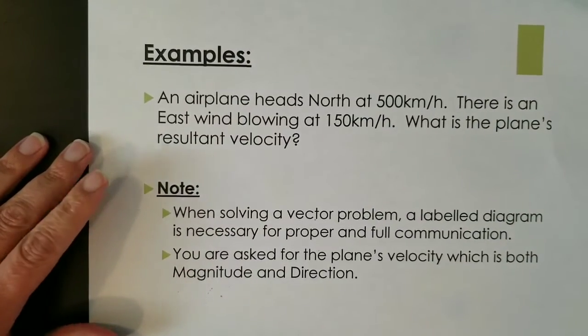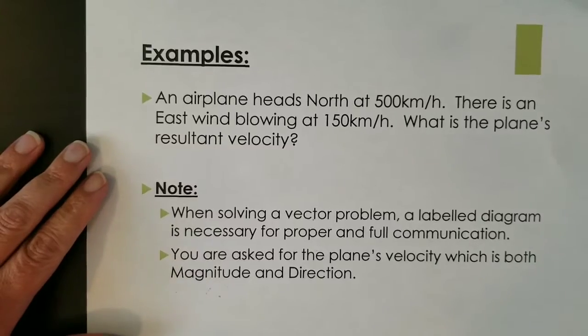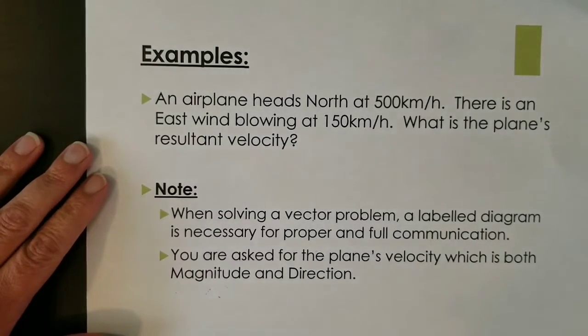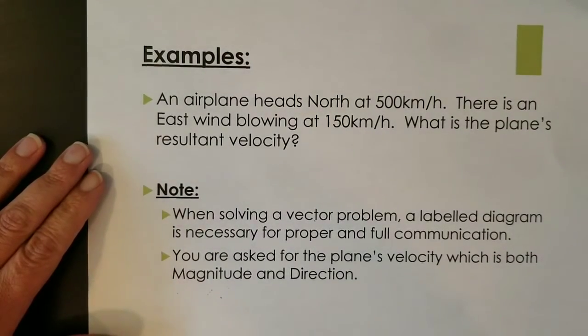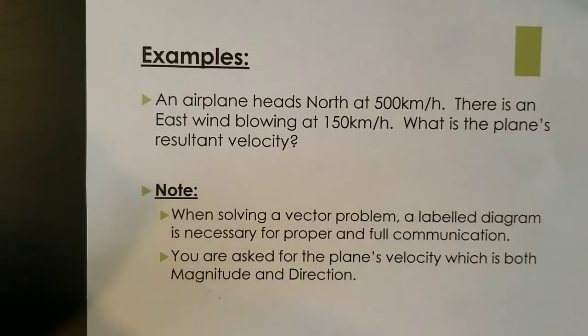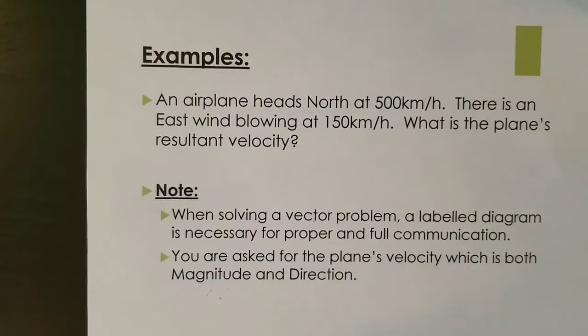There's an example here that has an airplane that's going north at 500 kilometers per hour, and there's an east wind blowing at 150 kilometers per hour, and we want to find the resultant velocity. I just want to look through some of the terminology here.